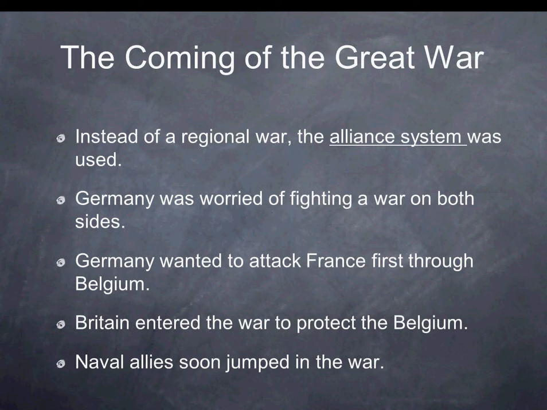So that's how France is going to be drawn into the war. So as soon as Austria-Hungary declares war on Serbia, Russia declares war on Austria-Hungary, Germany backs Austria-Hungary and declares war on Russia, and Russia will, because it has a secret treaty with France, France will come to their aid.